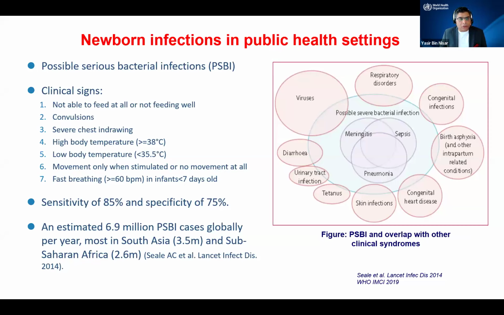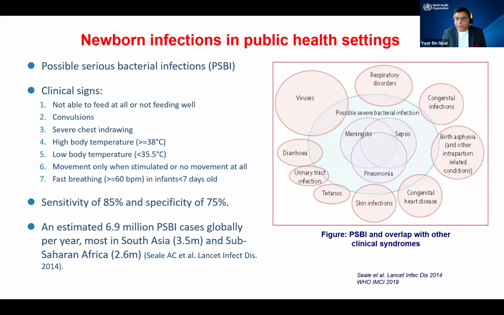So how do we diagnose PSBI? Very simply, using clinical signs only, so that we can identify these children earlier and do the appropriate management according to their condition. What are these signs? Not able to feed at all or not feeding well, convulsions, a very severe sign, and severe chest indrawing.